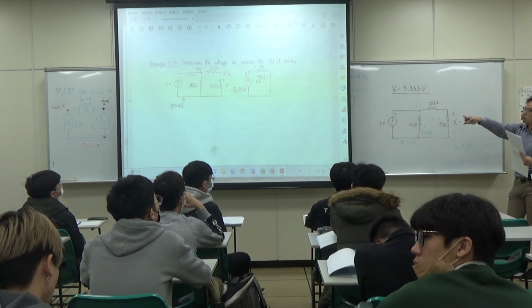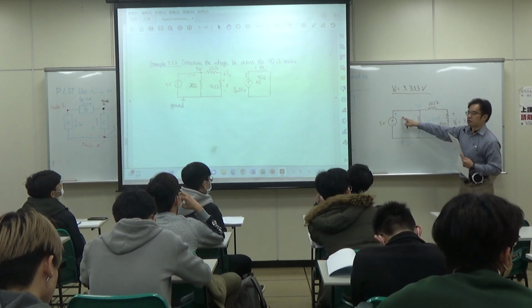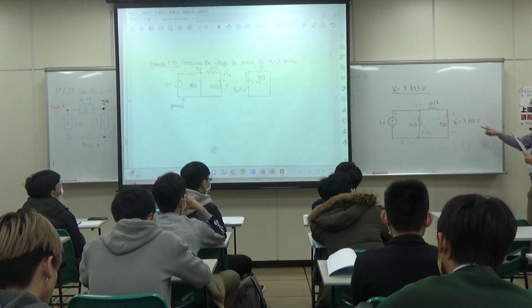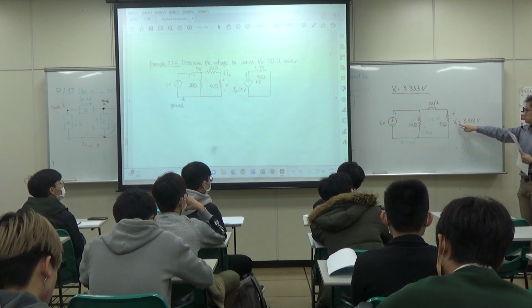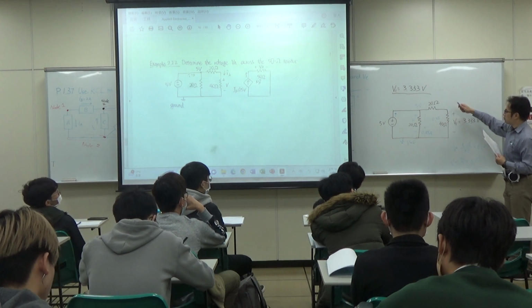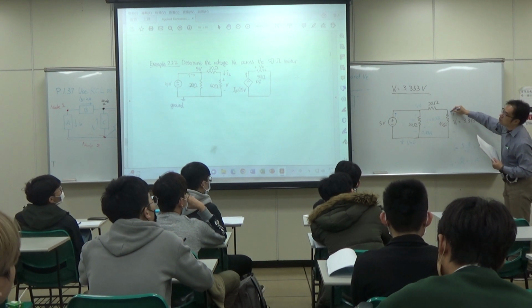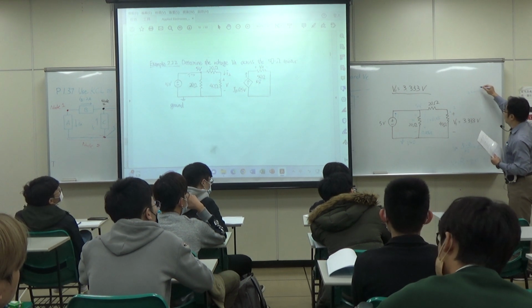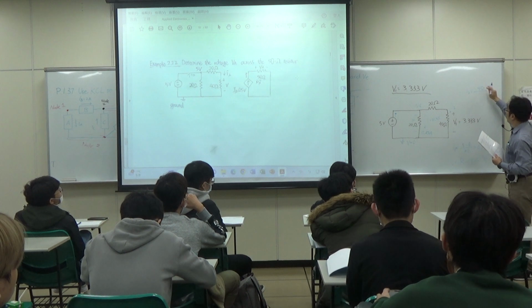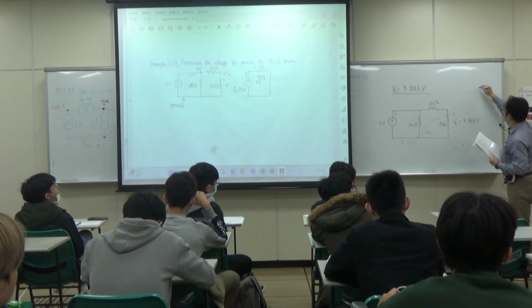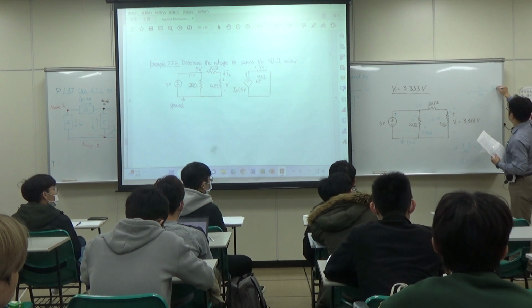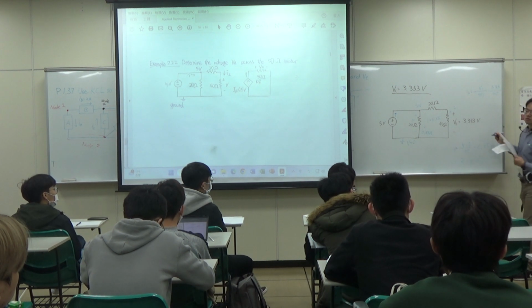How about if I want you to calculate I? Actually, if you have V1, the current passing through this, we say is I2, right? I2 will be V1 divided by 40.